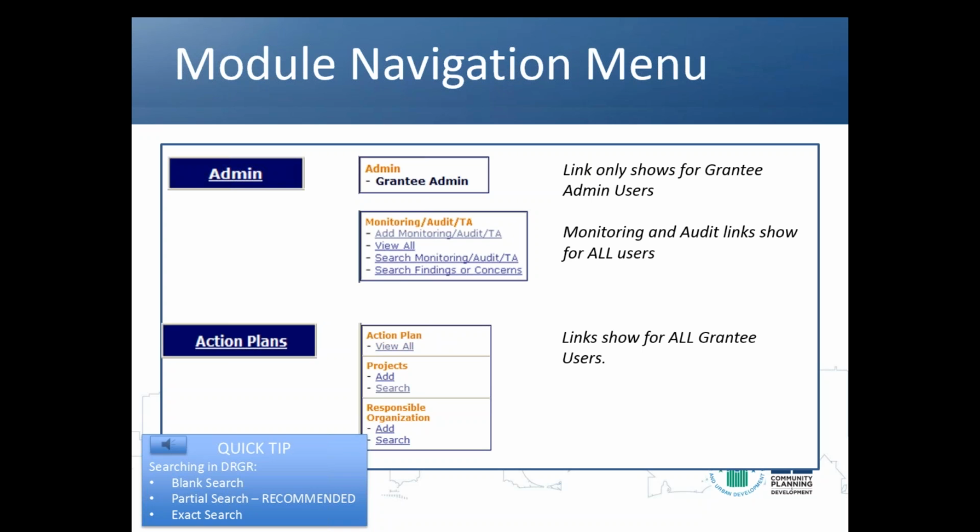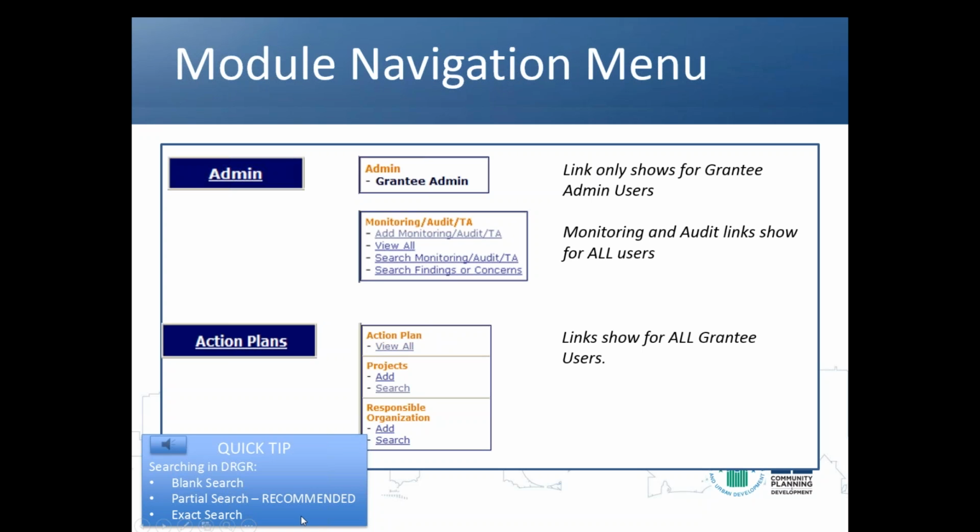If you use the numeral and someone wrote out FOUR, it might not show up when you do the search, and most likely will not. So instead of doing a full exact search, do a partial search, just put in Habitat, and it will bring up everything that's related to Habitat.